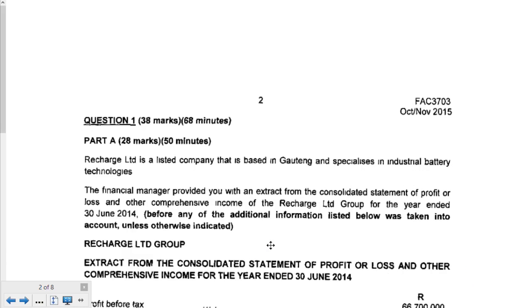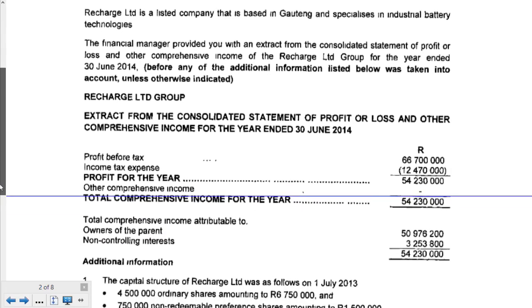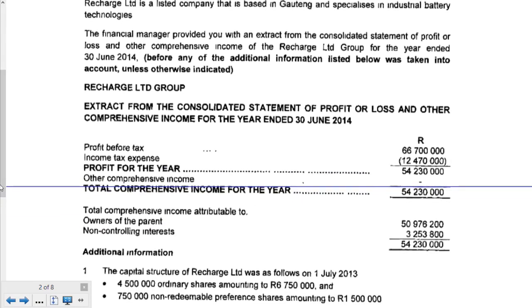So let's just look quickly at what the information is that's given, just so we can get a feel. So we get given profit numbers, and we get given a capital structure. So far it looks like we could start with a basic earnings per share calc straight from here. Remember, we start with this number, hey, not NCI, attributable to ordinary shareholders, to the owners, to the parent owners.